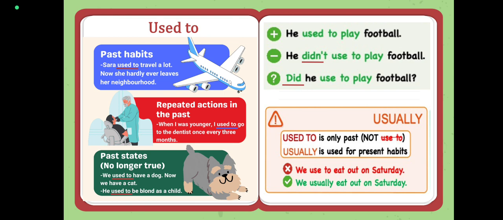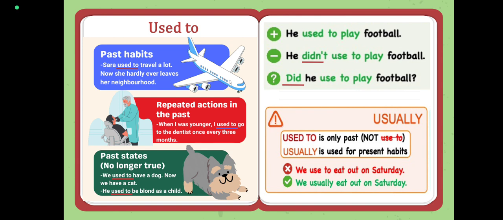"Yo suelo comer," but that means "usualmente". If I want to say "suelo", it doesn't exist in the present. Because if you said "I use to eat", it would be like "yo uso comer". Got it? Okay. So it has a completely different meaning.